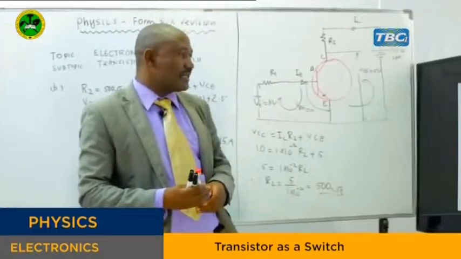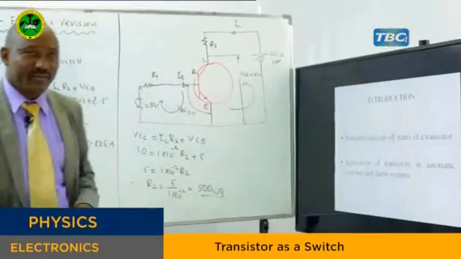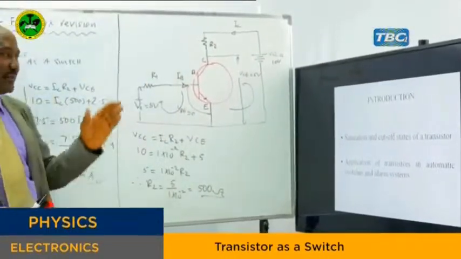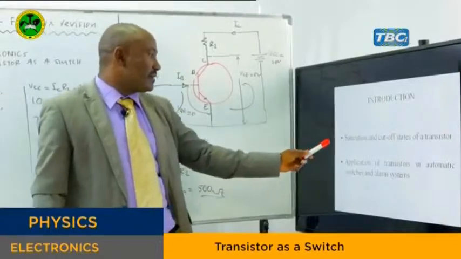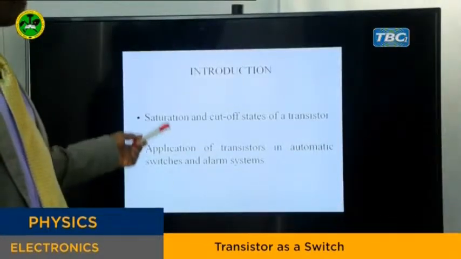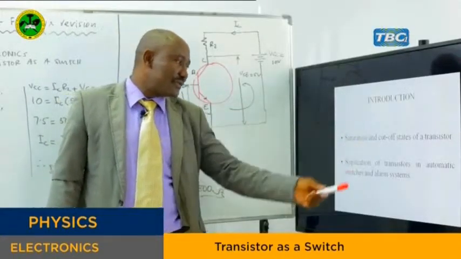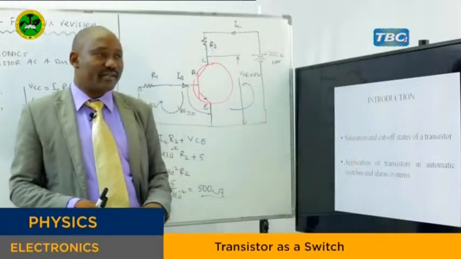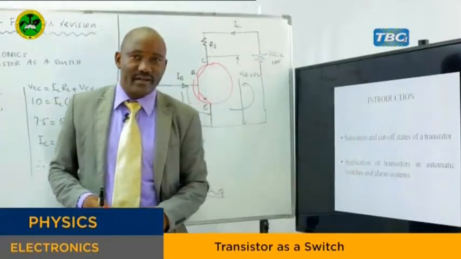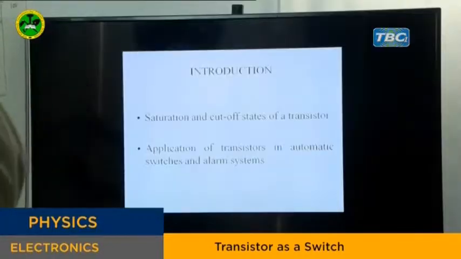Thereafter, we shall see how to use the transistor in automatic switches and the alarm system. So that's our today's presentation. We want to discuss the saturation and the cutoff state of a transistor. Finally, we shall see where we can use this concept in the application of a transistor in automatic switches and the alarm system. So that's our today's discussion.